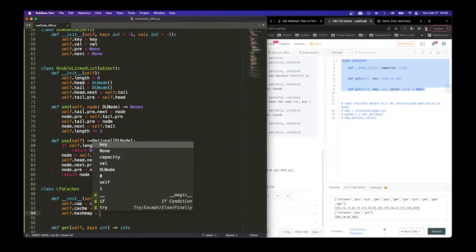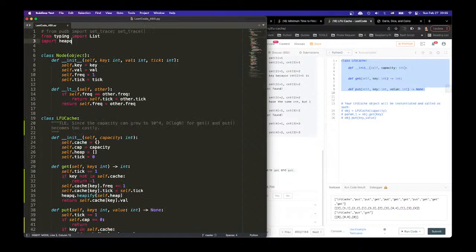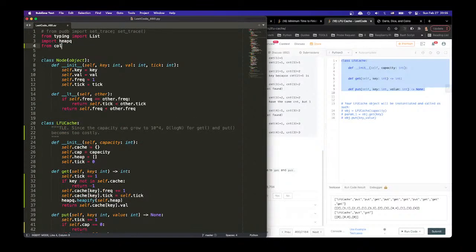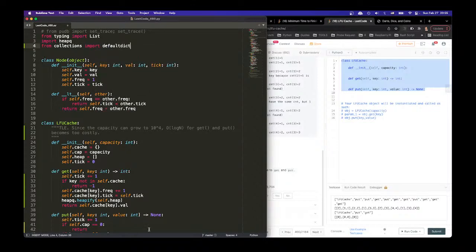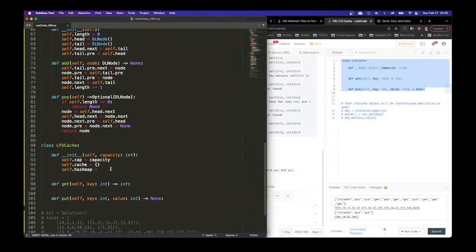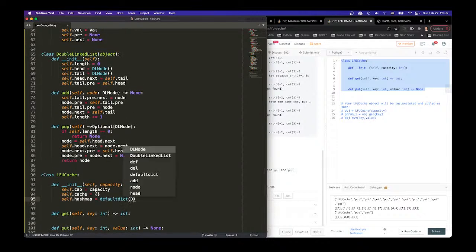Yeah, I think we can. Let's try default dict, just for fun. From collections import defaultdict. Okay, let's have some fun. So this is going to be a default dict of double linked list. How about that? Okay. So I have capacity, I have cache, I have hash map. Actually, let's not call it that. Let's call it frequency map. All right. What else do I need? That's it. That's all we need.